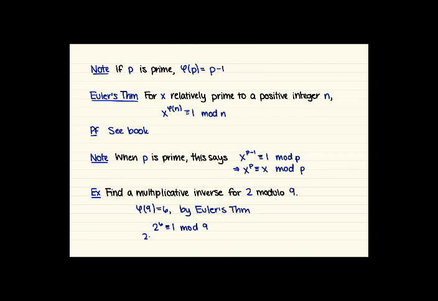So that means that 2 times 2 to the 5th is congruent to 1 mod 9. So 2 to the 5th is going to be an inverse for 2. And 2 to the 5th works out to be 5 mod 9. And we can double check that 2 times 5 we get 10, so that's congruent to 1 mod 9, and that really is a multiplicative inverse. So this can give us a handy way to find multiplicative inverses rather than checking everything in the multiplicative group.